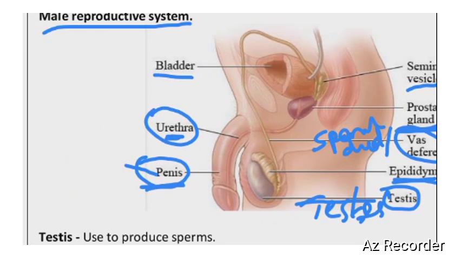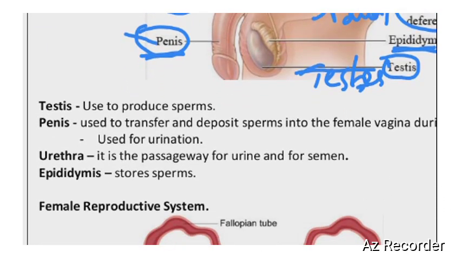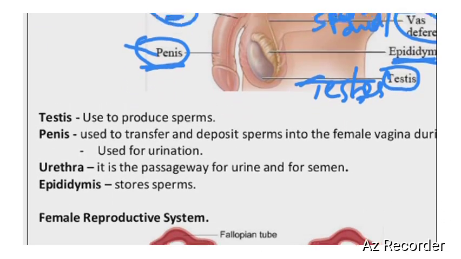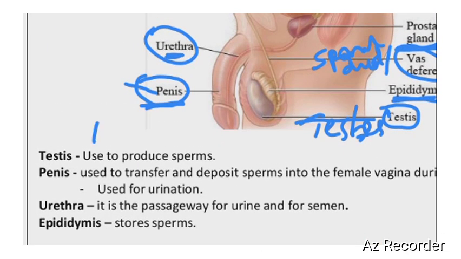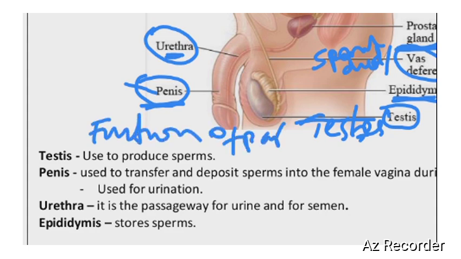From there we'll move to the functions of parts of the male reproductive system. So the first part is the testis, which is in the diagram there.